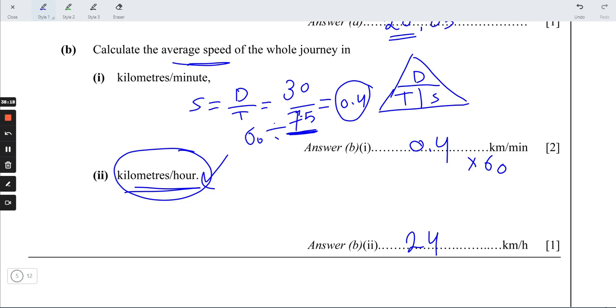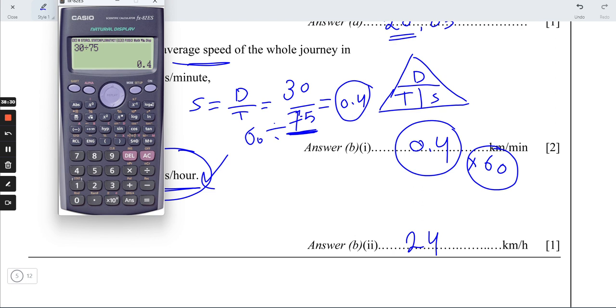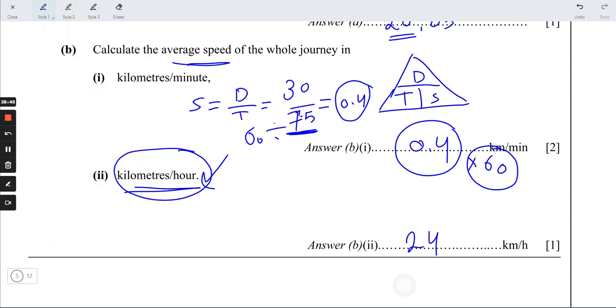So 30 divided by 75 divided by 60, it means the answer in minutes you should multiply by 60. You will get 24. If you are using a calculator, by saying 30 divided by 75 divided by 60, you should get the same answer, which is 24.